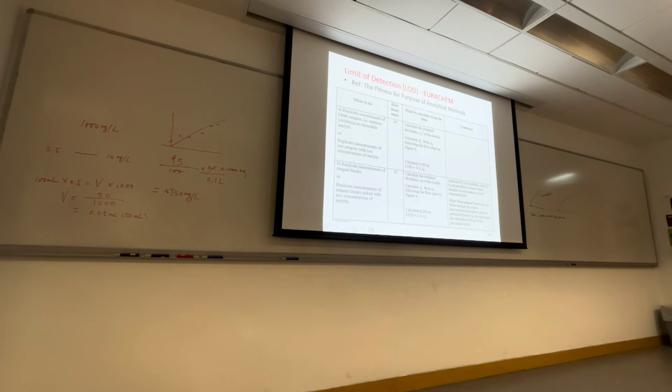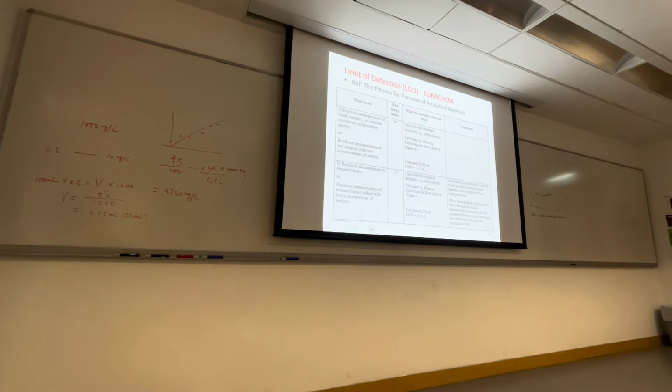And calculate the standard deviation S naught, and calculate S naught prime from S naught. That is a flow chart, okay? And the LOD is equal to 3 times S naught prime. Oh, so many S naught. What's the meaning? Really can't understand, okay?